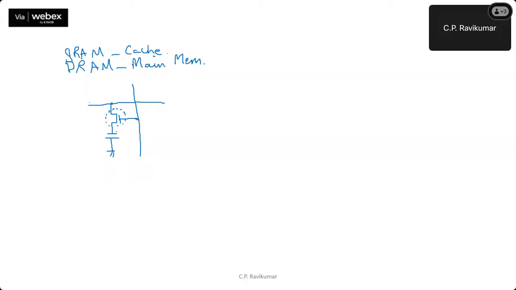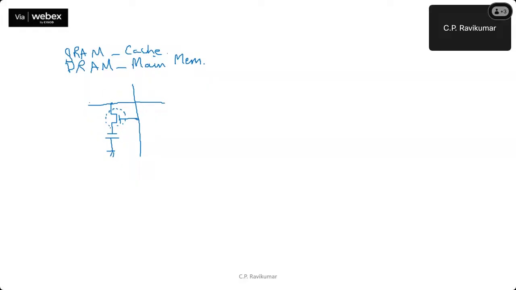As a result, there is no path for this capacitor to discharge. So it will store that 1. Next time when we want to read it, again we do the pre-charging thing, right? If it is already pre-charged, then it will remain in that logic high state if the capacitor here is already charged. Otherwise, it will discharge through this. So that is the way this DRAM cell works, right?